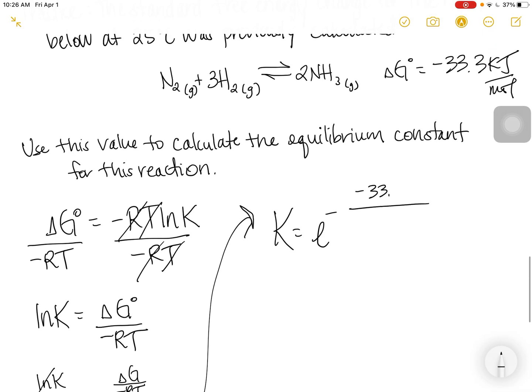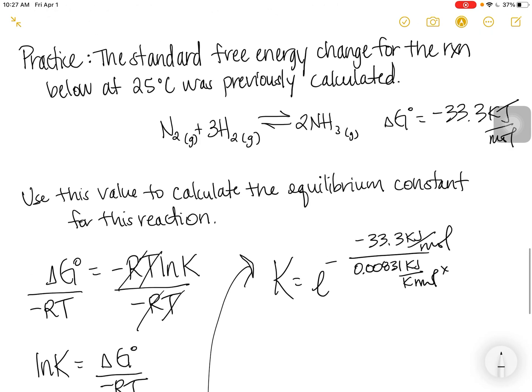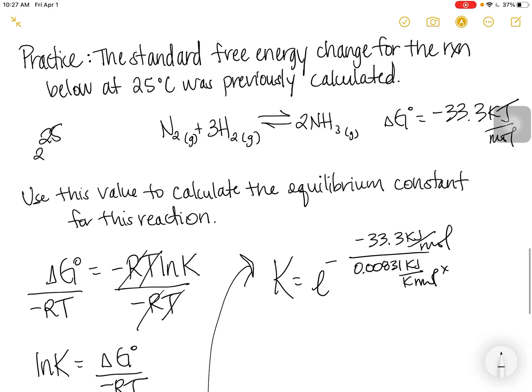Delta G, they gave to me: negative 33.3 kilojoules per mole. Same situation here with R, we want it in kilojoules, so 0.00831 kilojoules per Kelvin mole. And then times T, which was 25 degrees Celsius, so 298 Kelvin.